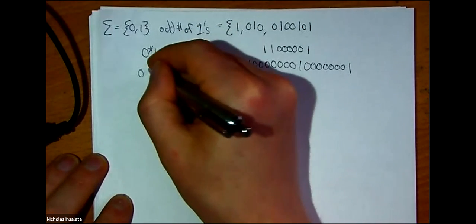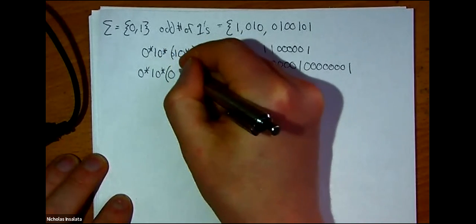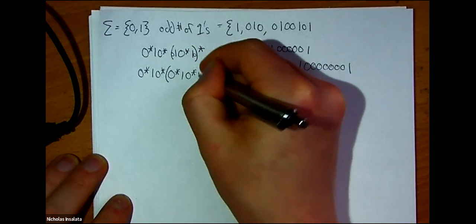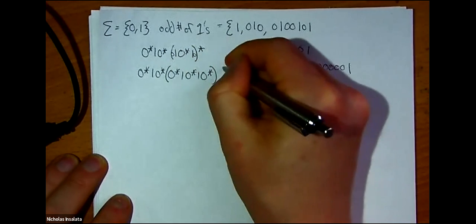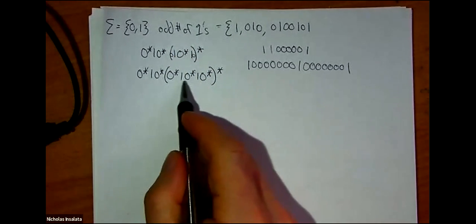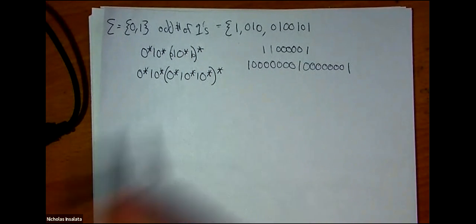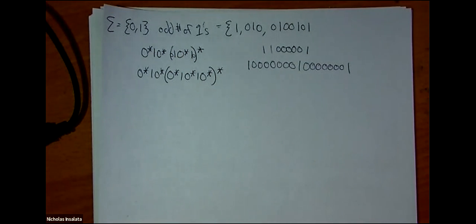So we would have 0 star, 1 0 star. And then in here, 0 star, 1 0 star, 1 0 star, quantity star. Yeah, I think that one's right. And that's what I was saying when I was arguing with David's, right? I was worried that the 1s were glued together, and there wasn't this sort of 0 star as a buffer between them.